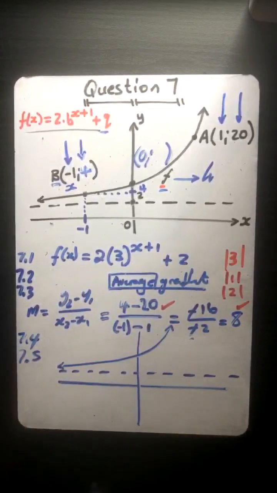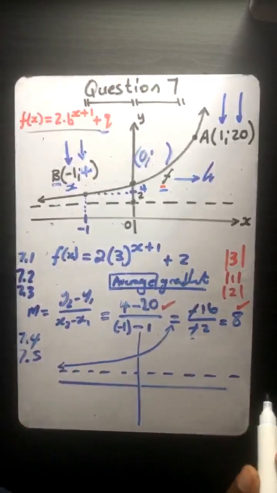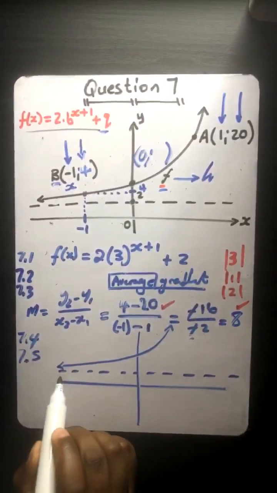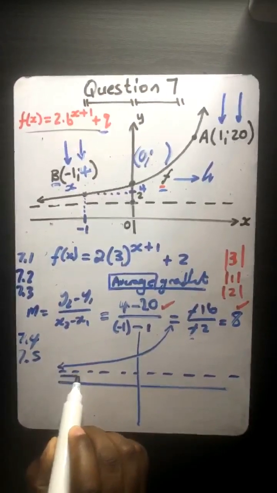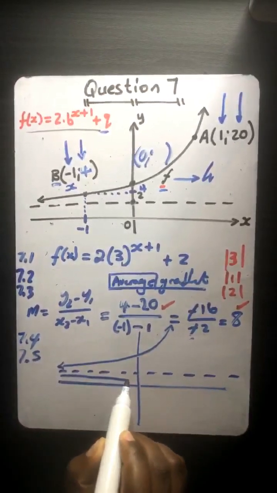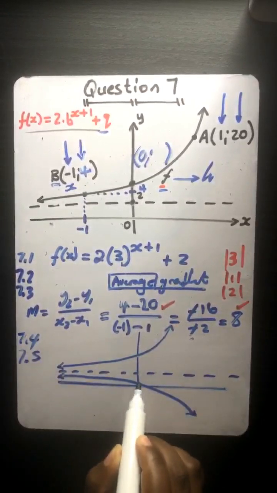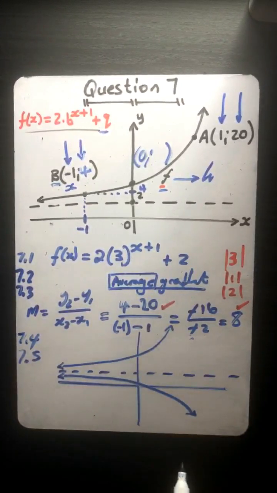No, you can't do it. So, let's see. I'll just give you a hint. It is going to look maybe something of that nature, even though at that point it might not touch there, but it will look something similar to that.